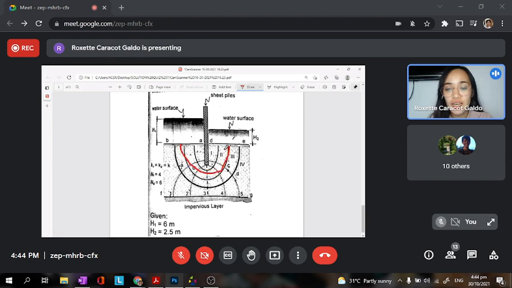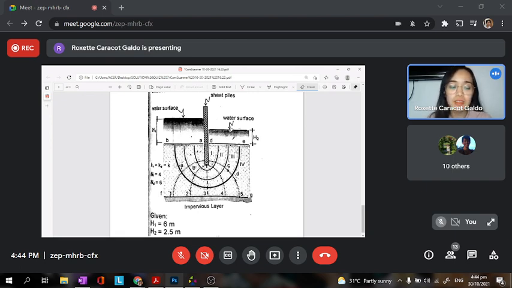As it travels, it experiences head loss, which is very much dependent on the number of drops in the flow net that we construct. One most common way for us to solve for the seepage rate is this.